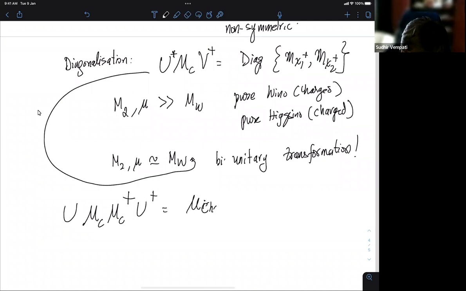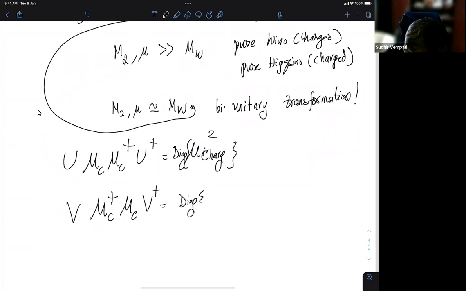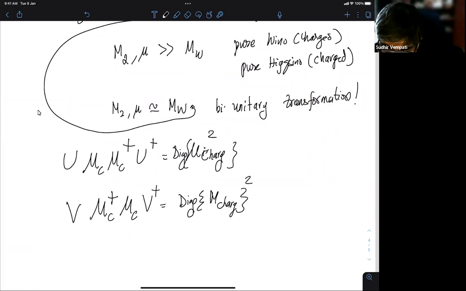It gives diag of the squares of the chargino mass eigenvalues, whereas the opposite combination M_C† M_C is diagonalized again by diag of the chargino masses squared. Anywhere you can put the square, because it's a diagonal matrix.